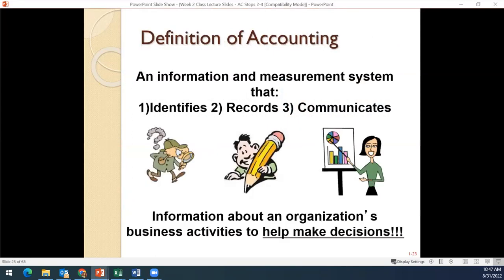So as a reminder, the definition of accounting is an information and measurement system that identifies, records, and communicates information about an organization's business activities to help make decisions. Now, that first step of the accounting cycle, that transaction analysis, that's really the identifying part.